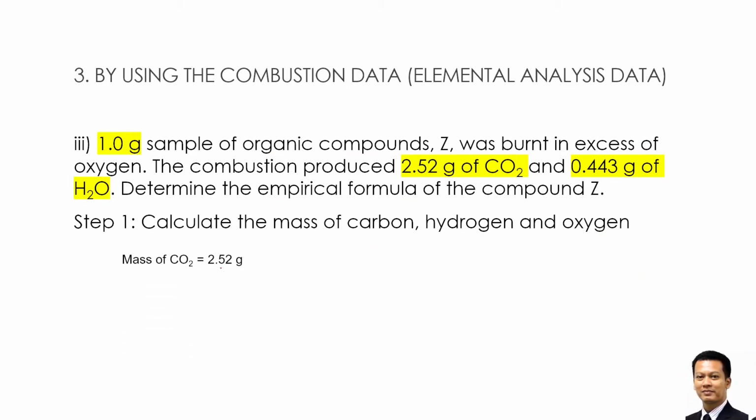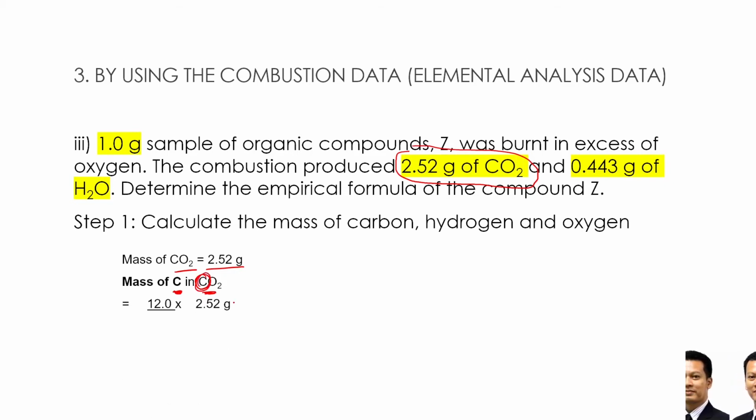We know the mass of carbon dioxide, 2.52 gram, given for you here. So we need to find out the mass of carbon in CO2. How to calculate? Carbon in CO2: carbon is 12 over CO2, 44 is the molar mass for CO2, times 2.52 gram of CO2.